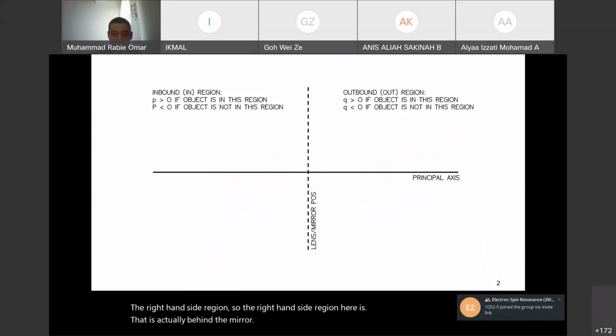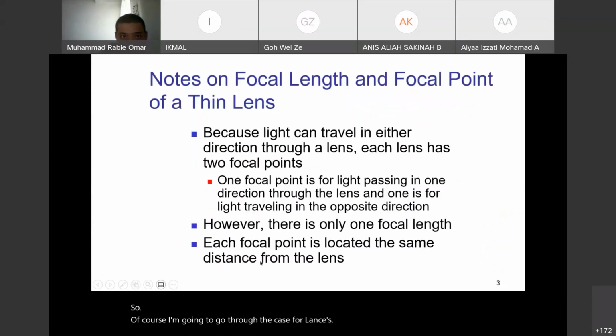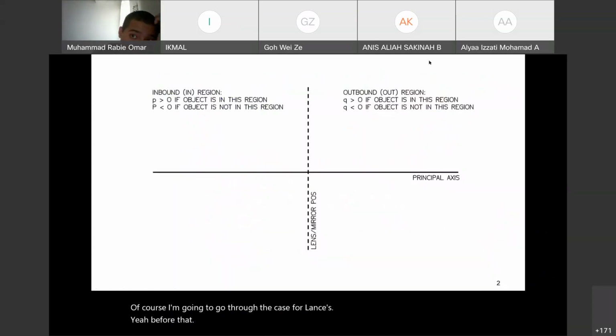So now, of course, I'm going to go through the case for lenses. Yeah, before that, of course, I need you to remember, not to remember, to know this as well.